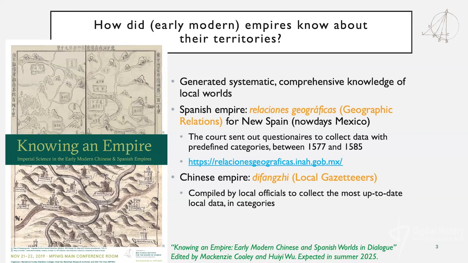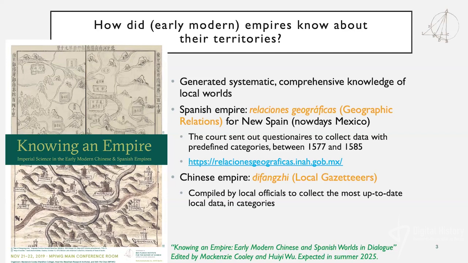If I remember correctly, there were about 50 questions, and they asked about what was produced locally, what the people looked like, what their local customs were, et cetera. Eventually those questionnaires formed a genre called Relaciones Geográficas. I'm sure that I pronounced it wrong, but it's geographic relations.